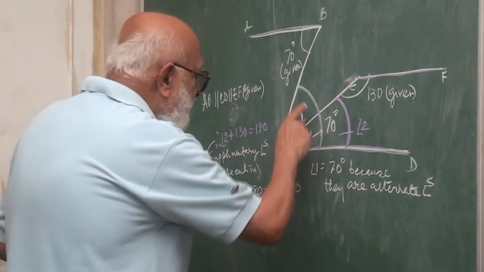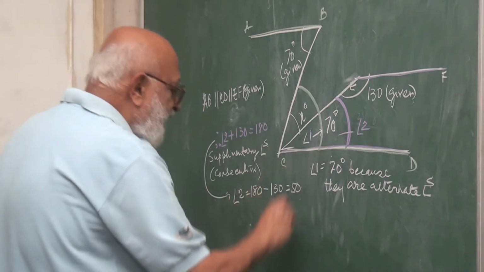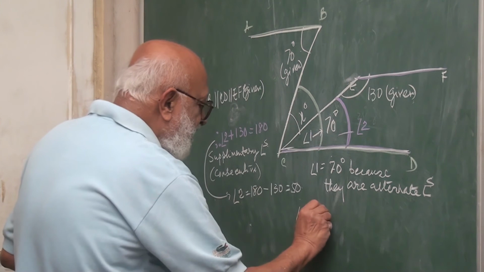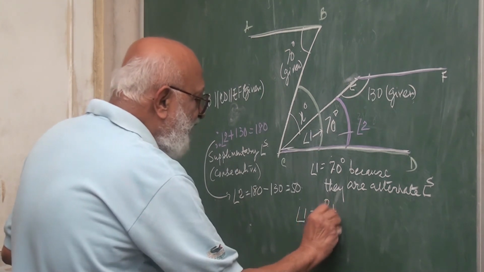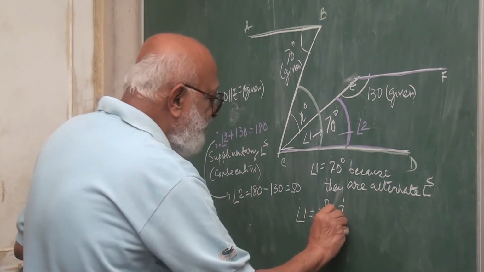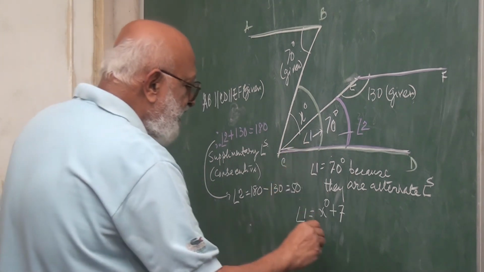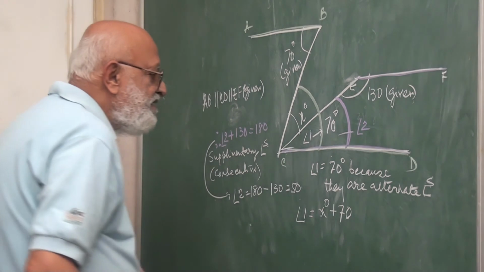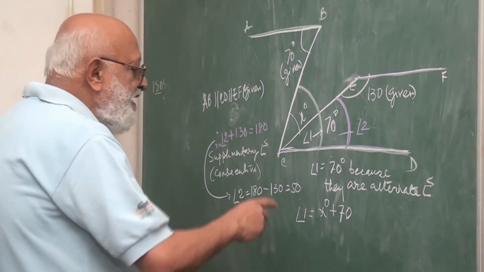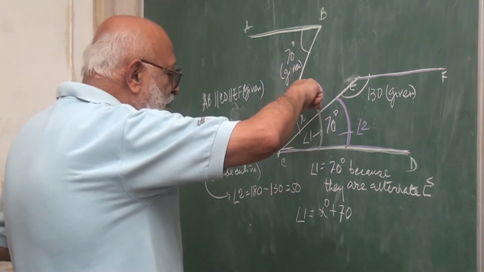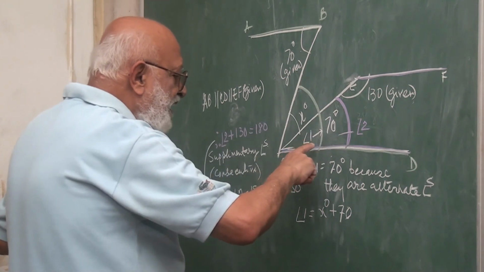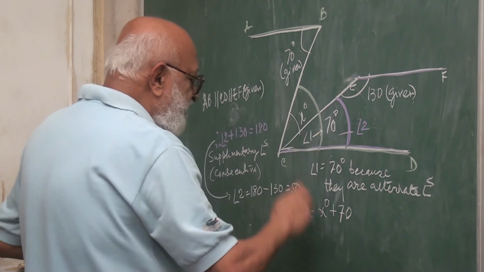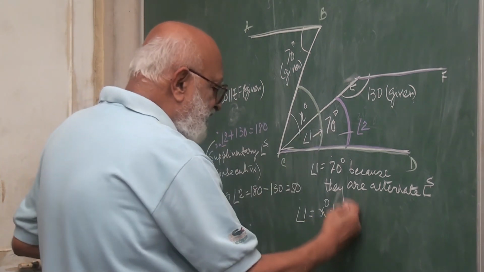Now, if you take the whole total angle, angle 1 is equal to x degrees plus angle 2.